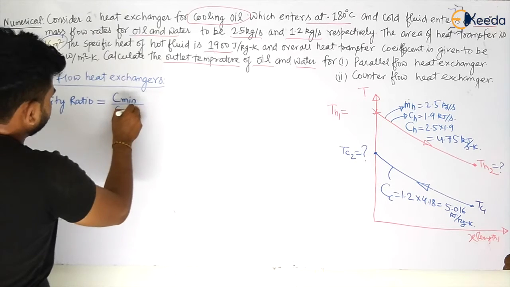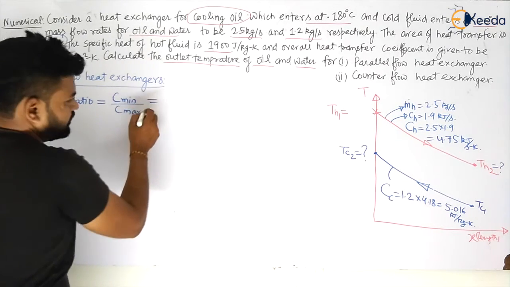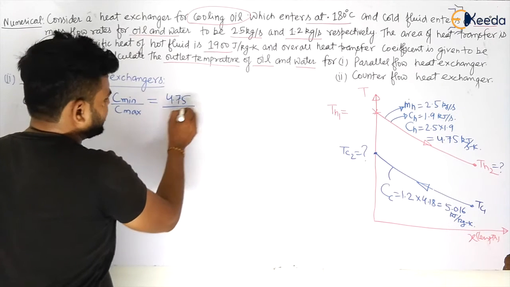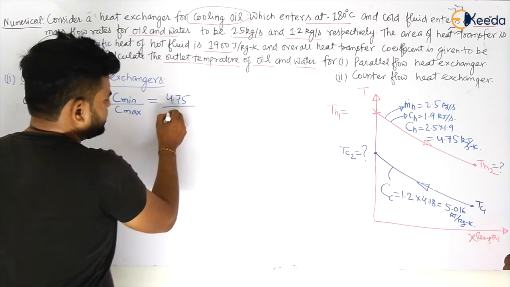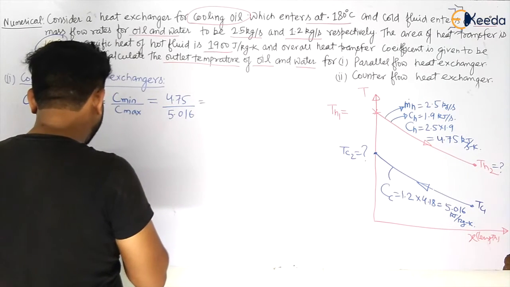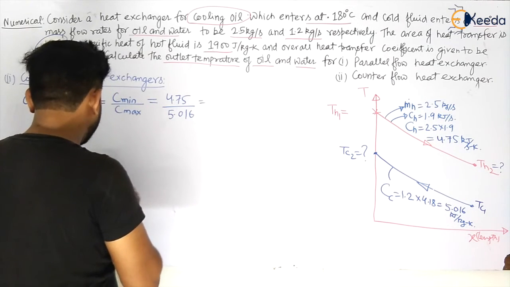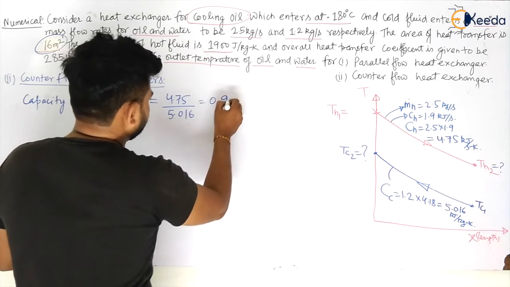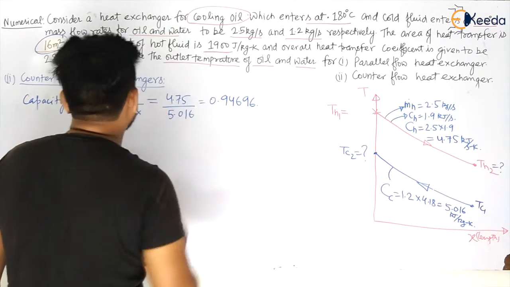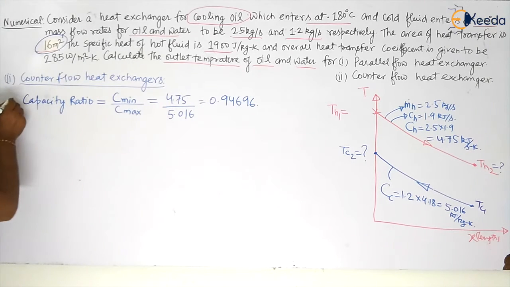This will be 4.75 kilojoule per second Kelvin, same unit, divided by 5.016, which is 0.94696. We know the capacity ratio, that is your C.